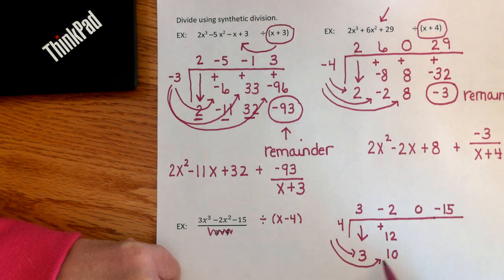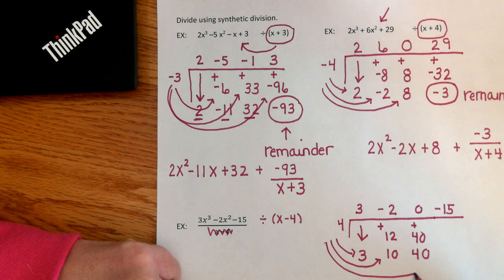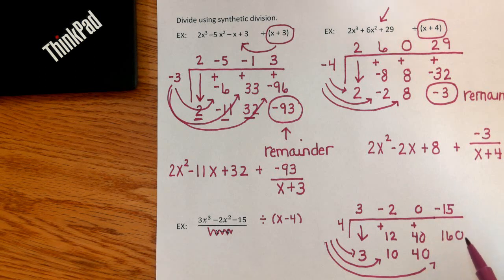4 times 10 is 40. Going to add, and I get 40. 4 times 40 is 160. So 160 minus 15 is 145.